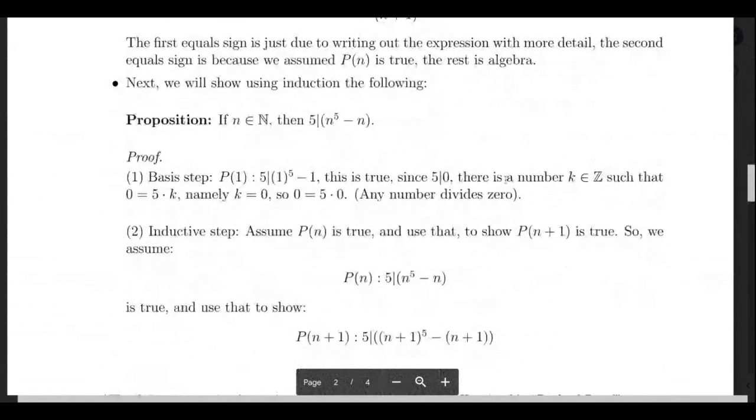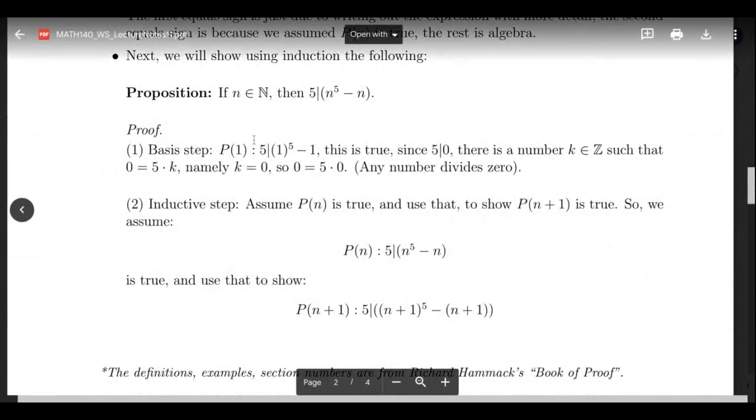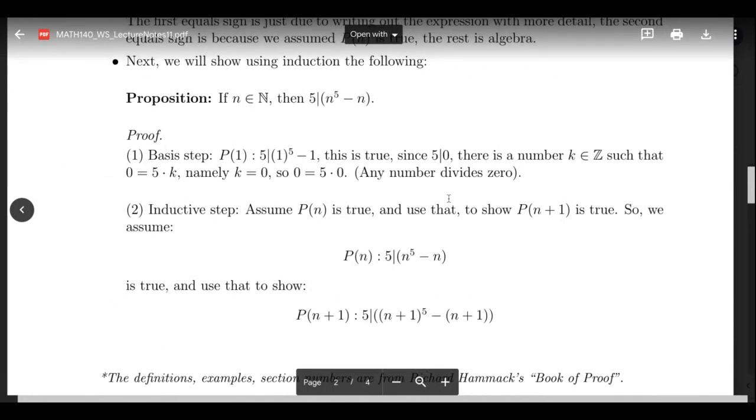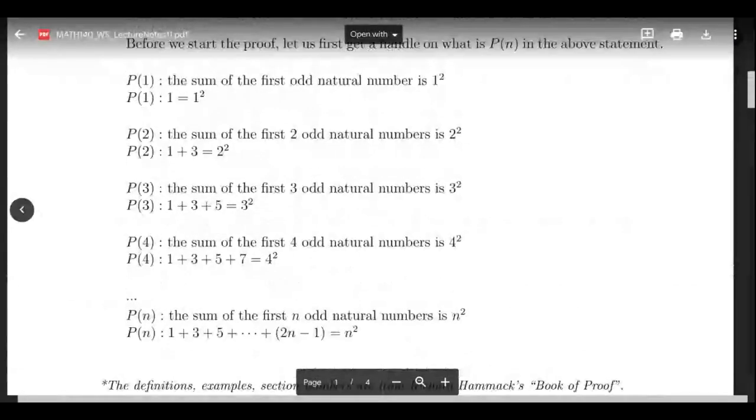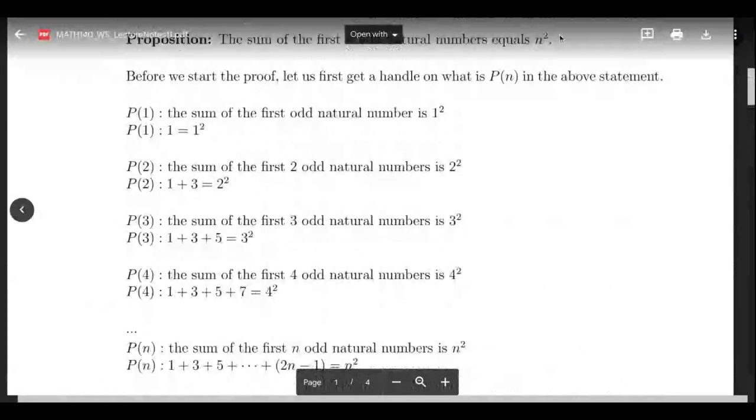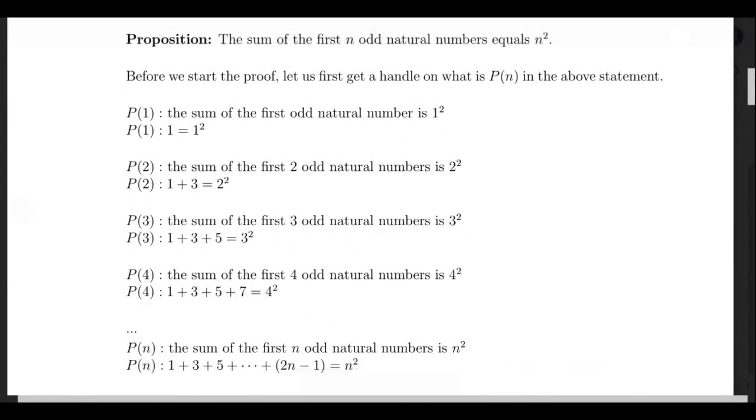Okay, let's see the second one, the second proposition. Okay, let's go over the algebra. Let's think about odd natural numbers.